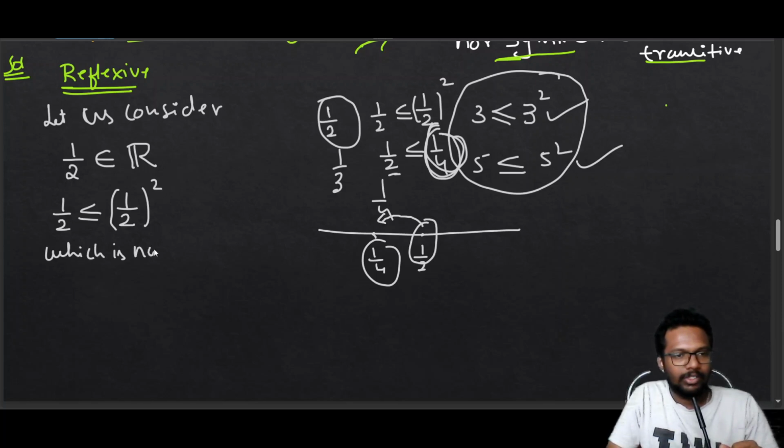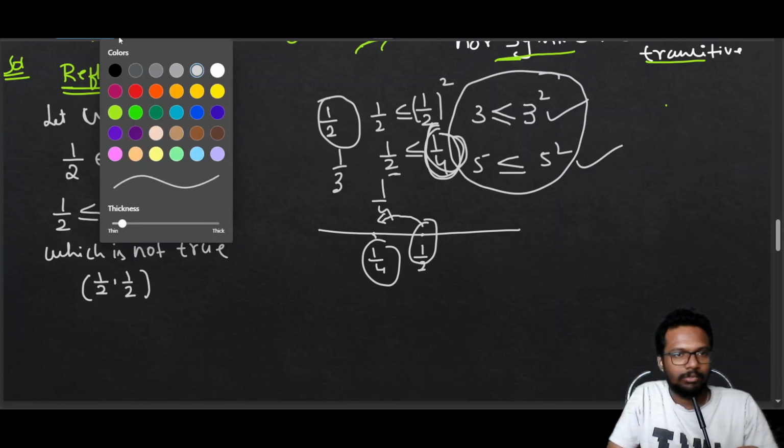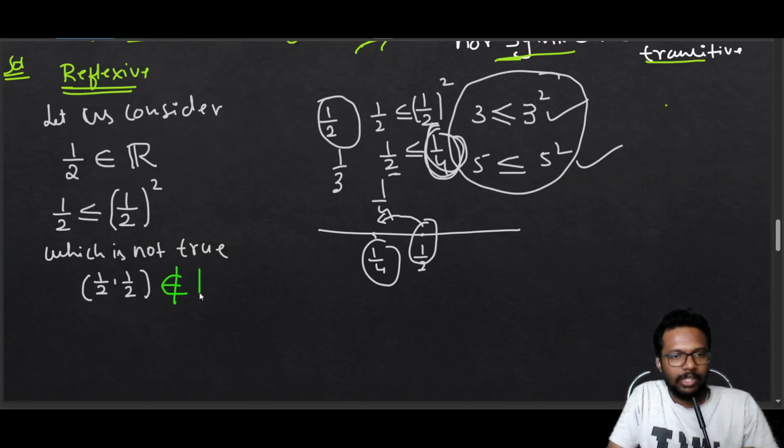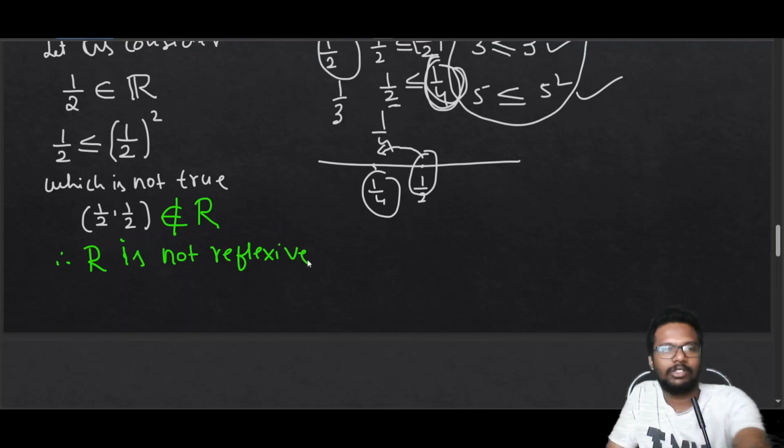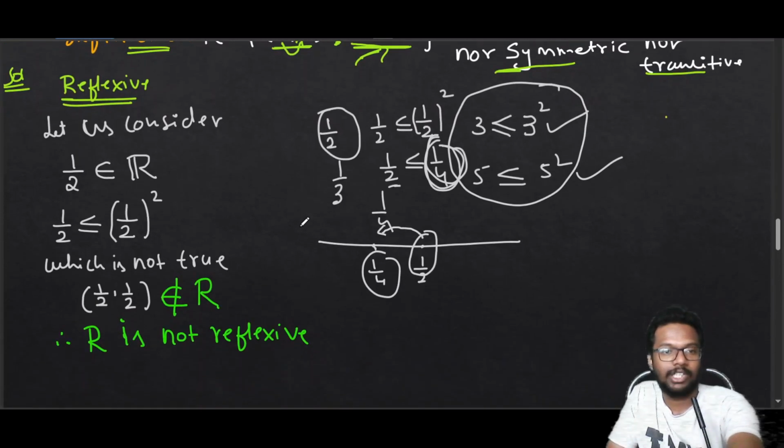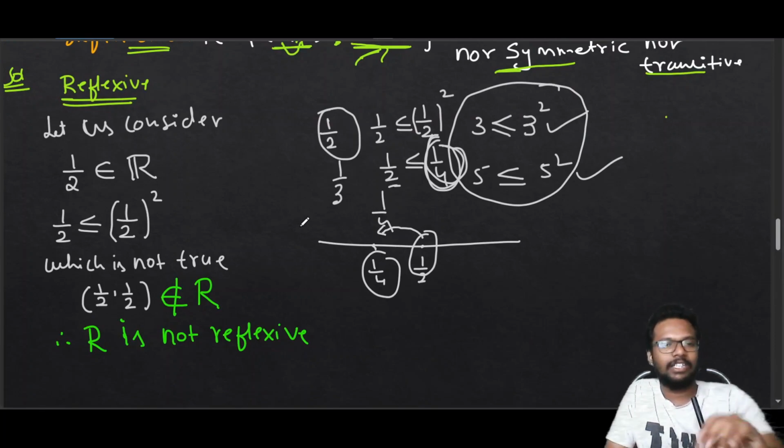So we can conclude this pair 1 by 2 comma 1 by 2 does not belong to R. If it does not belong to R, then we can easily say R is not reflexive. I hope you understood the reflexive part, how we should show R is not reflexive.